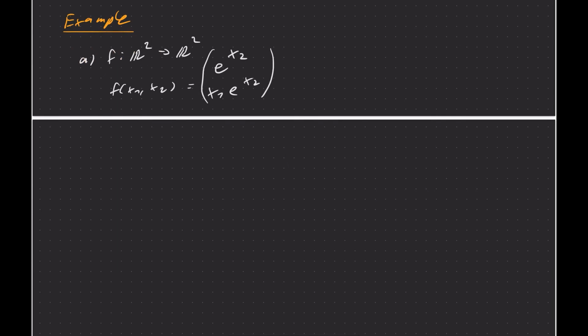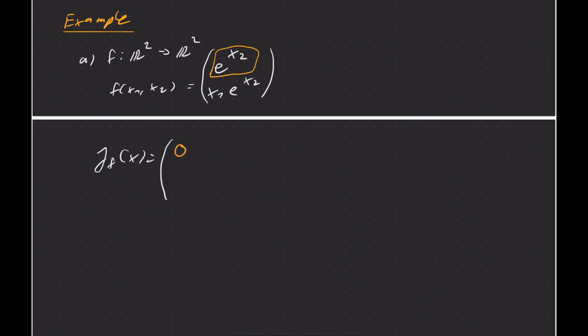So to compute the Jacobian of that function at some point x, what we have to do is differentiate first the first row. So let's start with that. Start with the first row, this function here. In the first column, we differentiate with respect to x1, so that's 0.